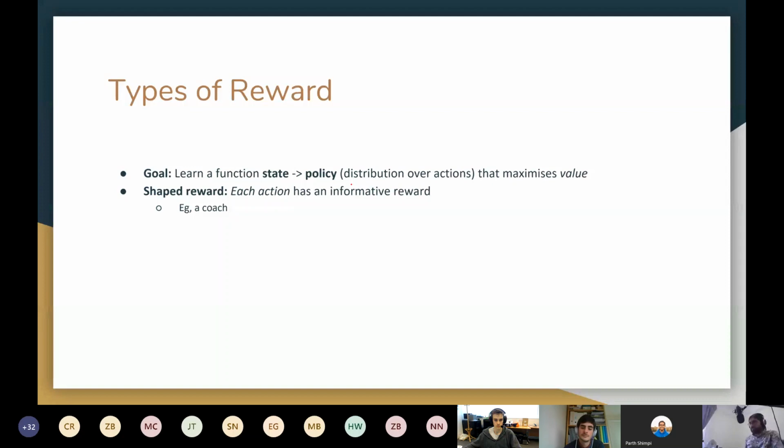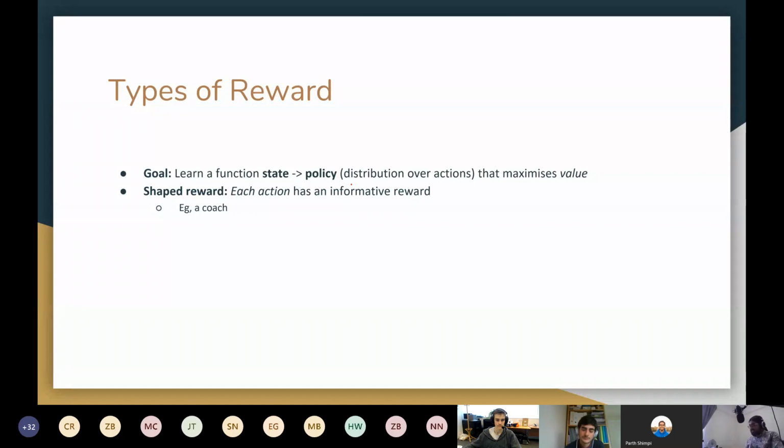The first is called a shaped reward, where each time step you get useful information. Often the score in a video game is a good example of a shaped reward. Or you have a coach who's directly telling you, oh, that action worked well, that chess move was great, that chess move was terrible.